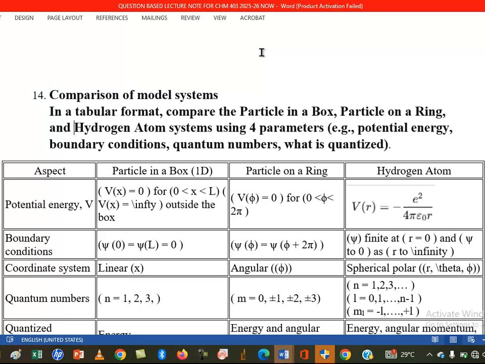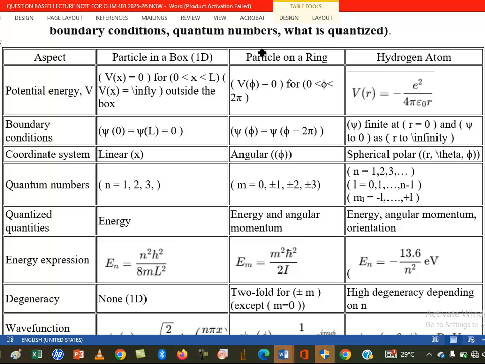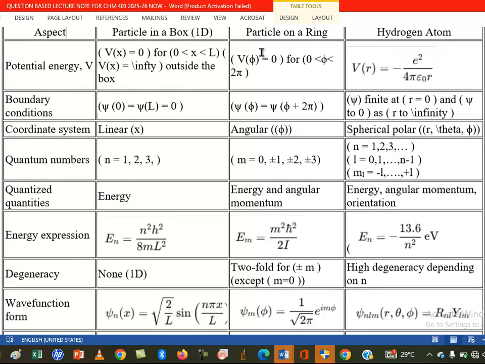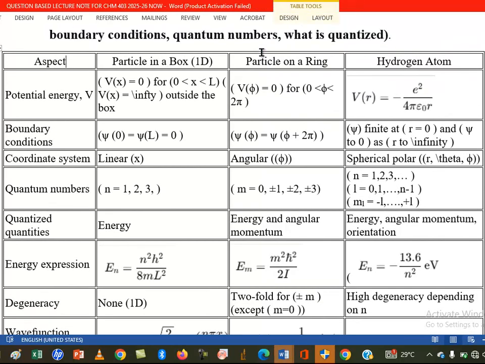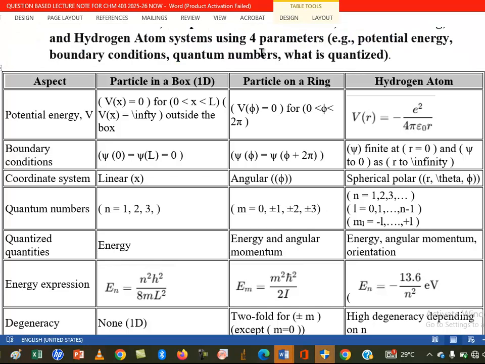I'm using 4 parameters, so I can ask you 4 or 5 parameters. How many parameters do we have? 1, 2, 3, 4, 5, 6, 7, 8, 9. So you have 9. So I can give you 4 or 5 parameters that you should check there. You should compare. So kindly read through, and it's something you have to really practice, because you can mix things up if you are not careful.